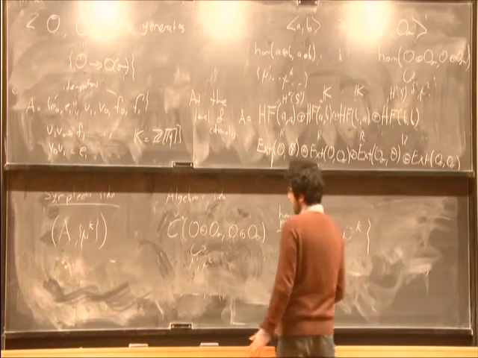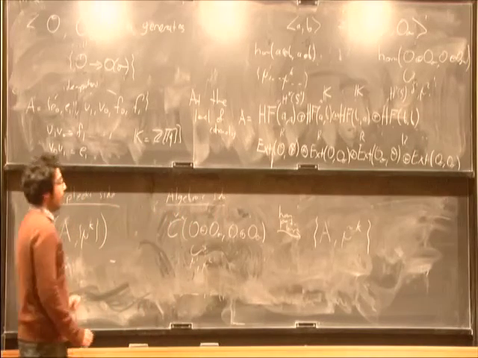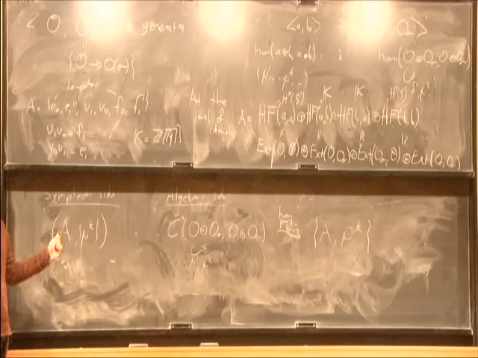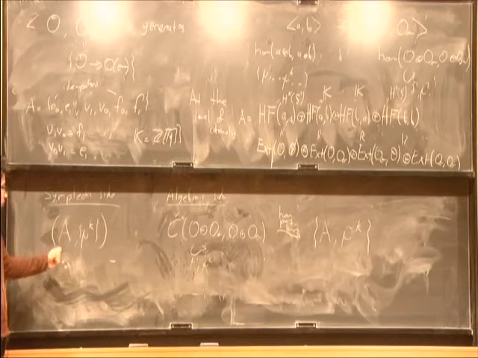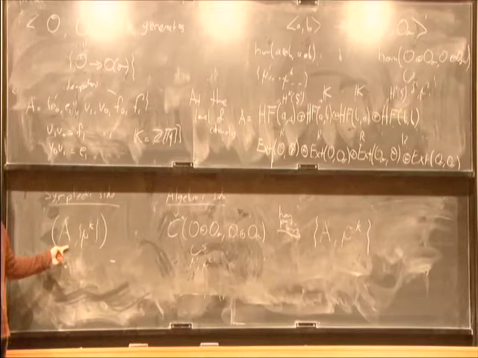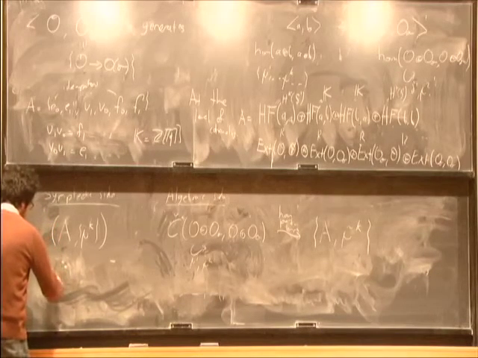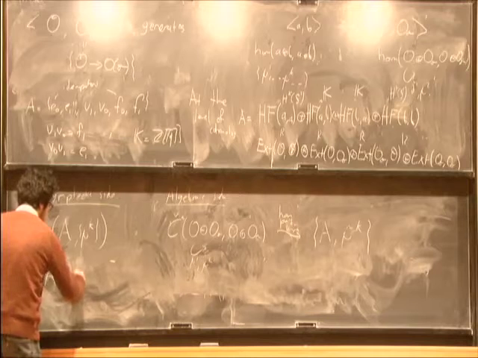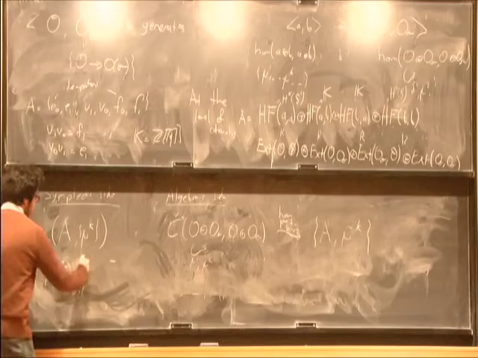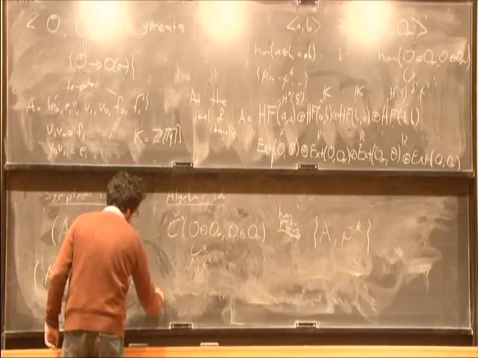So in summary, I have two ways to construct A infinity algebras, two different A infinity algebras, on the same underlying cohomology algebra. So I have mu k, maybe I'll write mu symplectic and mu algebraic.